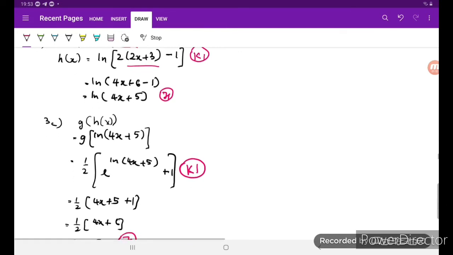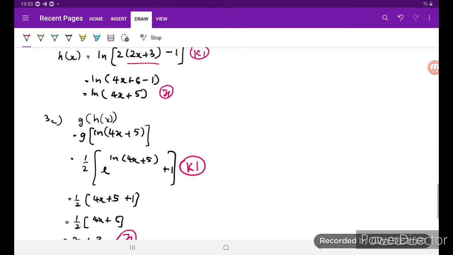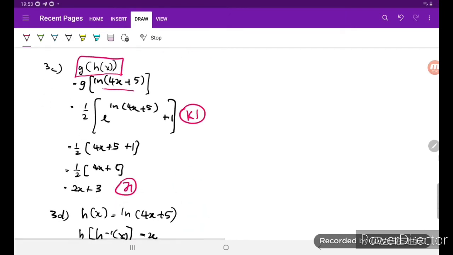And then C, find the composite function of g of h. Find this one, means you substitute function h inside g. So you get K1, and then the answer will be J1, 2x plus 3, 2 marks.